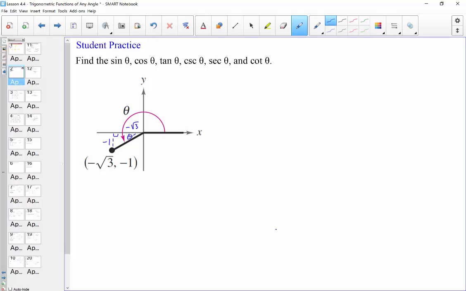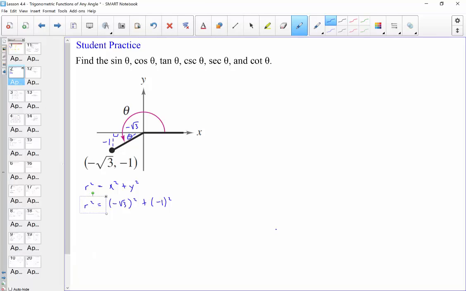Next, we need to find the hypotenuse, and we can use the Pythagorean theorem to do that. We know that r squared equals x squared plus y squared. r squared equals, and x is -√3 in this case, plus y squared.